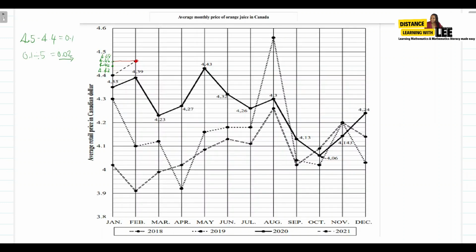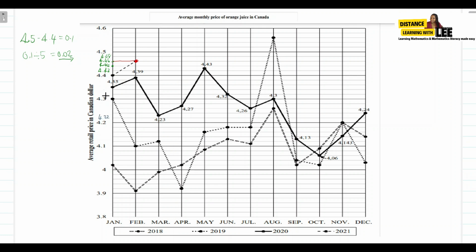Okay, so April, the value for April was 4.25, right? So we're going to go up to April and look for 4.25. So that's going to be 4.2. Remember we go up in 0.02. So if you take 4.2 plus 0.02, that's 4.22.